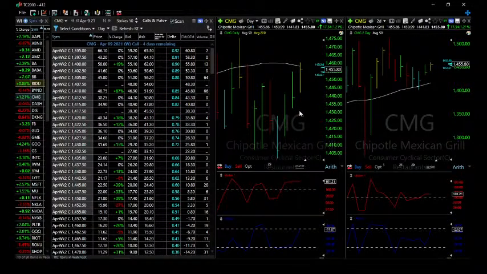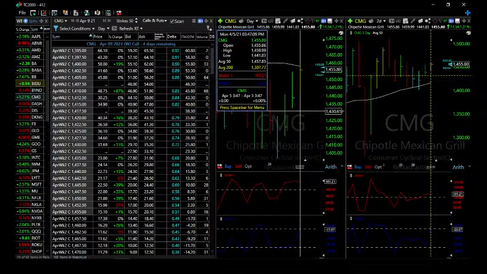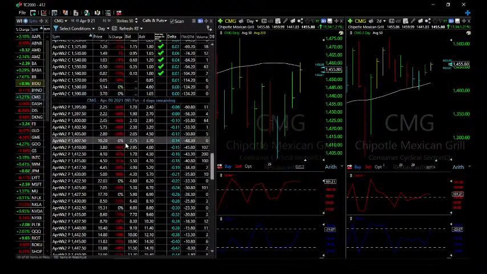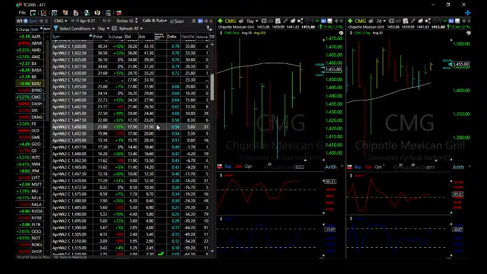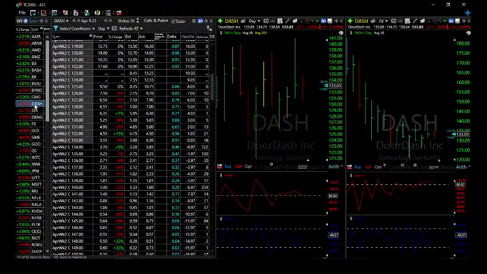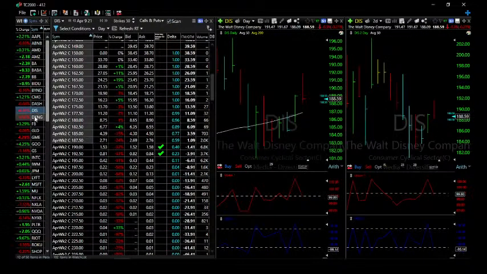These stocks are all giving sell signals. CMG price $13.95. You see it changed. So I usually wait closer to the close to see if it's still the same. And then I'll execute. Dash, nothing. Disney.